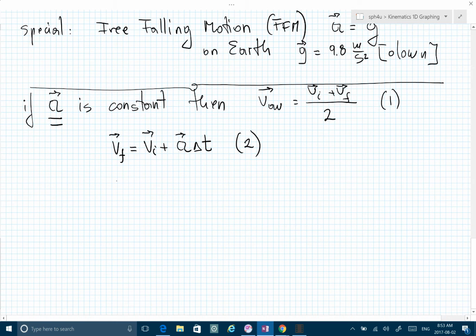Then we have, from the definition of average velocity, delta d equal to vi plus vf divided by 2 times time. This is nothing but using, instead of average velocity, the midpoint vi plus vf over 2.